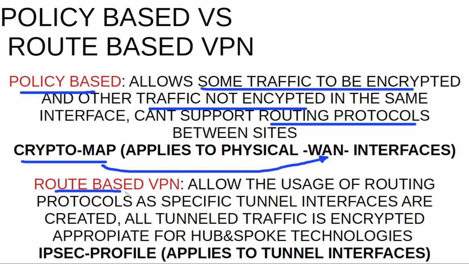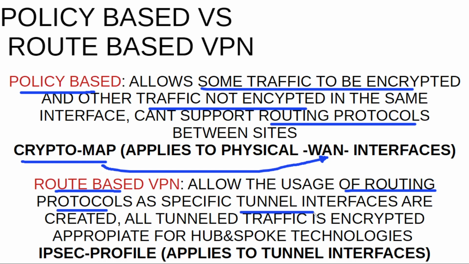Now, compare that with route-based VPNs that get along pretty much with routing protocols, because with route-based VPNs, we are going to attach IPsec to specific interfaces. More specifically, we are going to use tunnels.